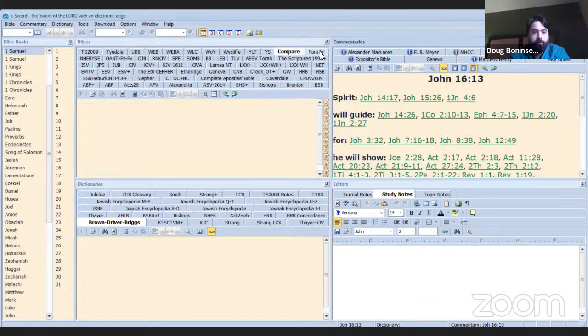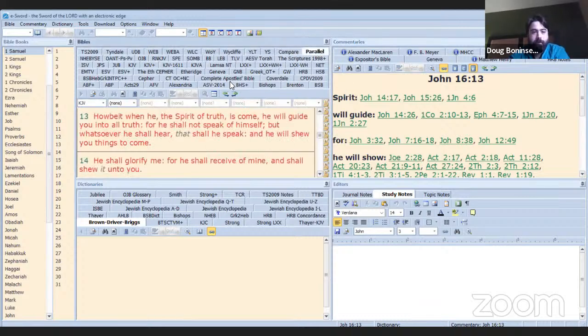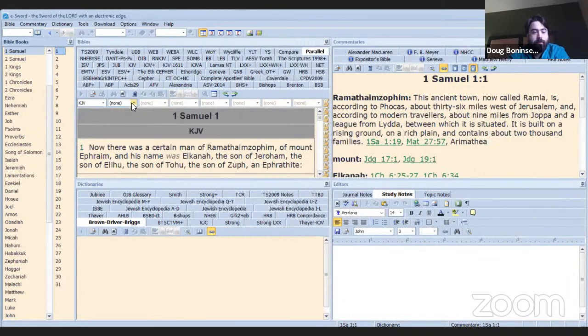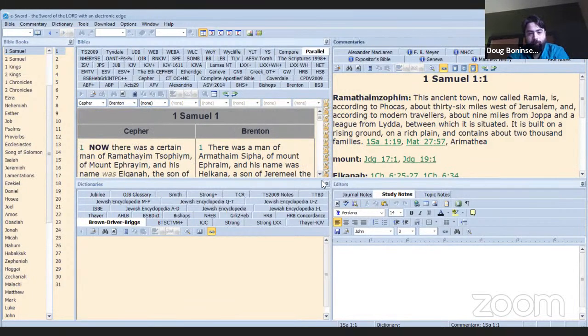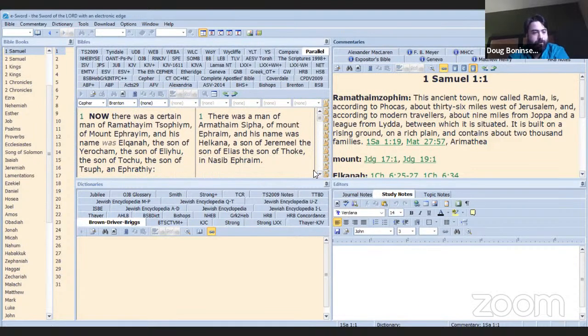Why is parallel acting weird right now? Let me see here. Okay, so now let's do Septuagint. I'll just do Brenton's, and then for the Masoretic, since a lot of people like to use this, I'll use the Sefer. Okay, here we go. So hopefully everyone can see this on the screen here.